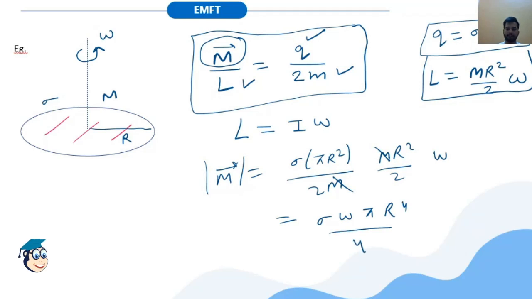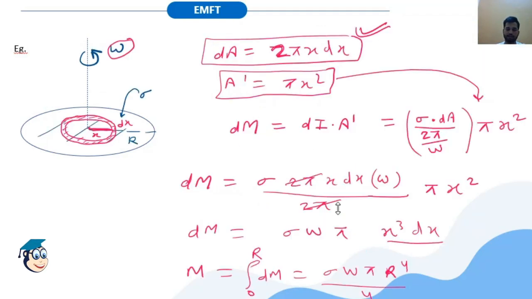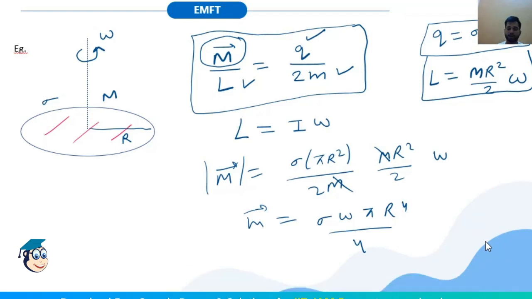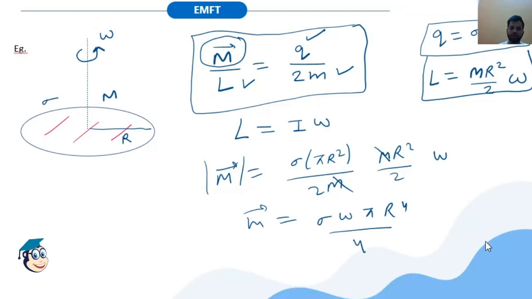You can compare this result of magnetic moment with the previous expression, and this is again the same thing as we derived earlier in this slide. So you can now see how simple and easy it is to use this gyromagnetic ratio for calculating the magnetic dipole moment of a given charge and mass distribution.